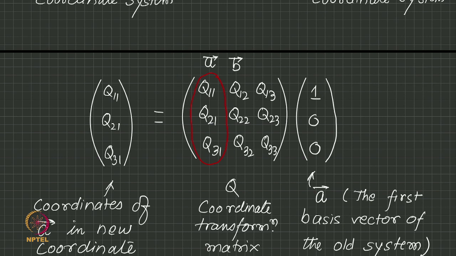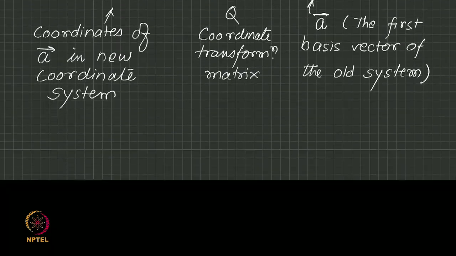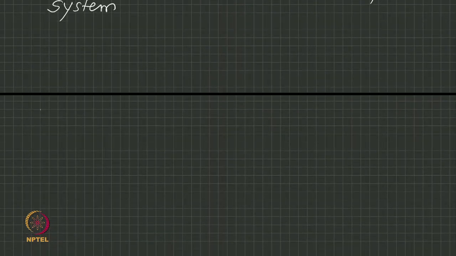So, the second column will represent B and the third column will represent C. So, this means you have already found the algorithm for setting up your coordinate transformation matrix. It is as simple as that.